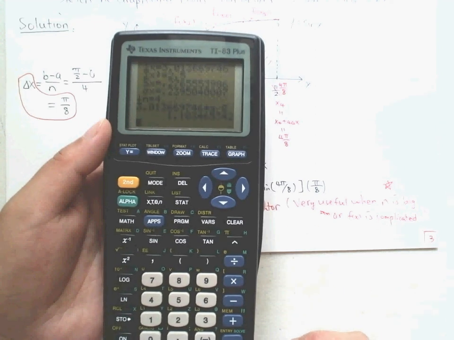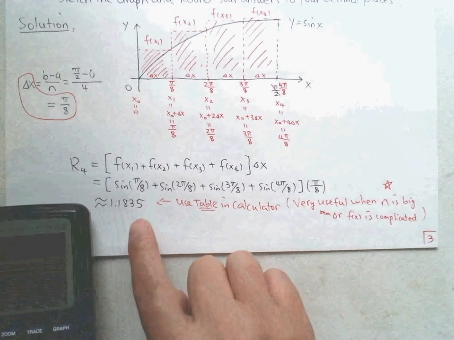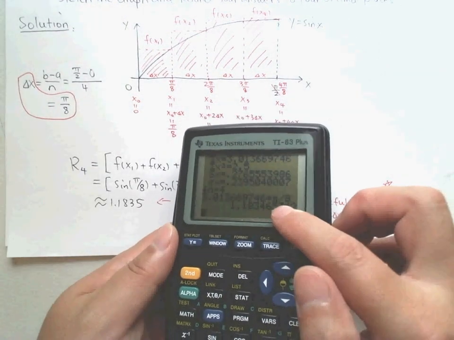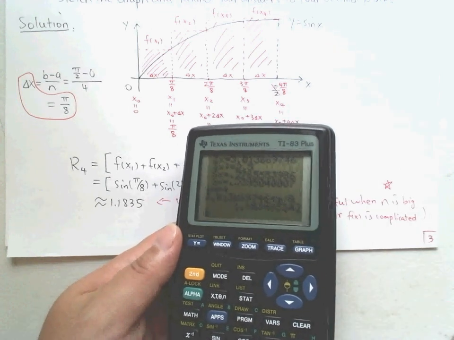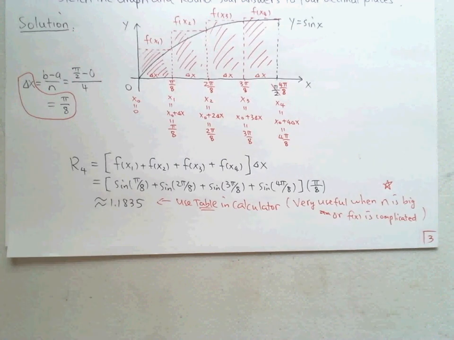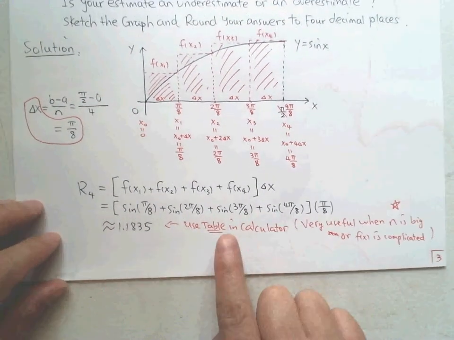Times pi, and second, divided by a. So that's the answer. How many? 1.1835. 1.18346 rounded to 4 decimals is exactly the solution. I hope you get it.